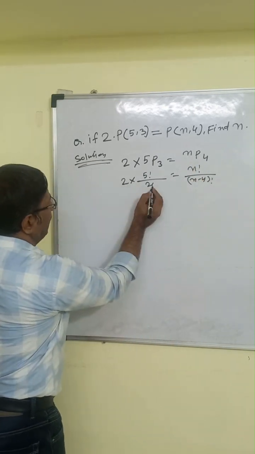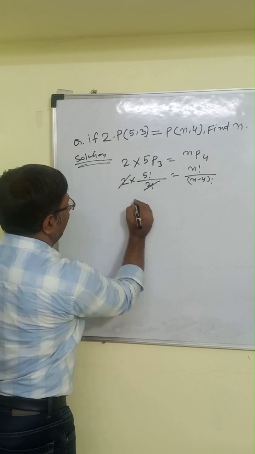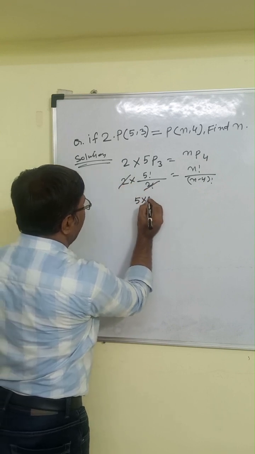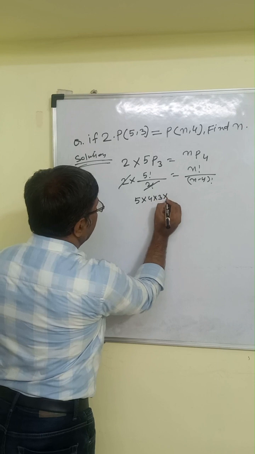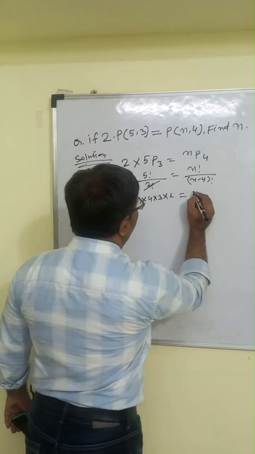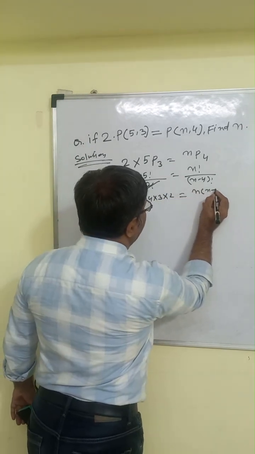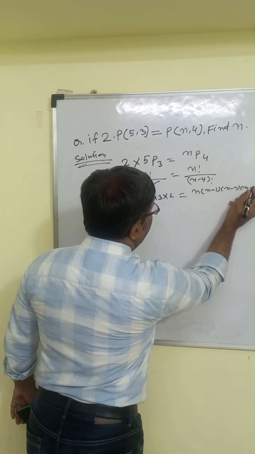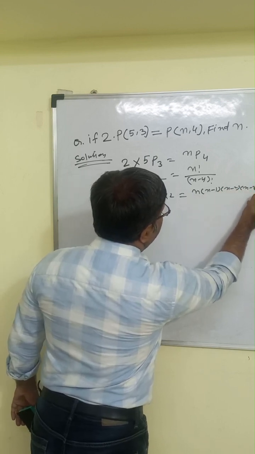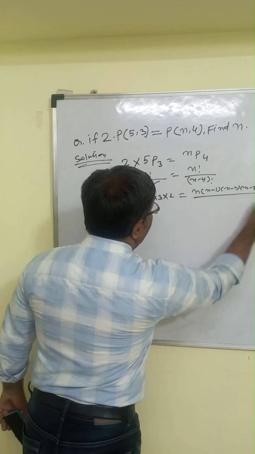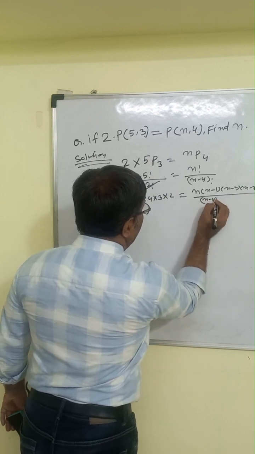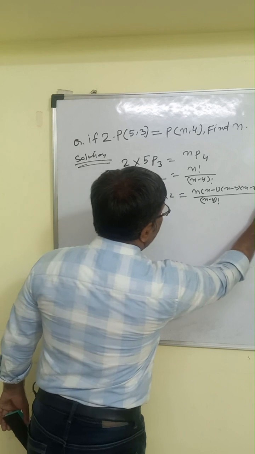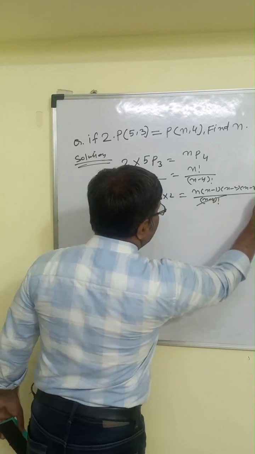So this 2 and 2 factorial cancel out. We will get 5 factorial, 5, 4, 3, 2. And this equal to what? n factorial is n, n minus 1, n minus 2 and n minus 3. And after that n minus 4 factorial, and this is n minus 4 factorial. So this and this cancel out.